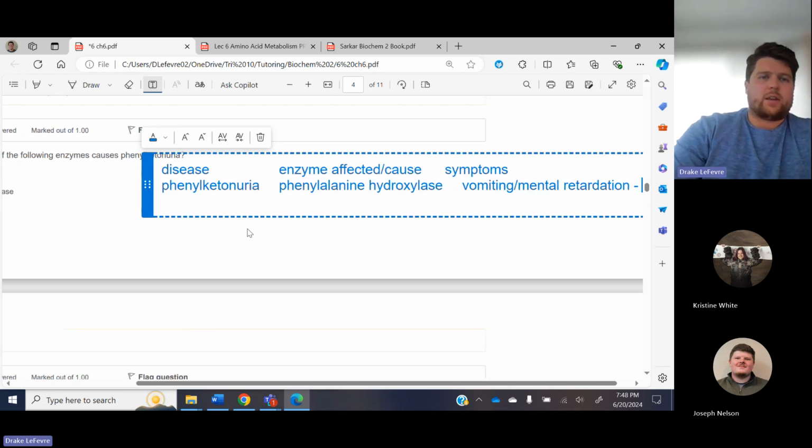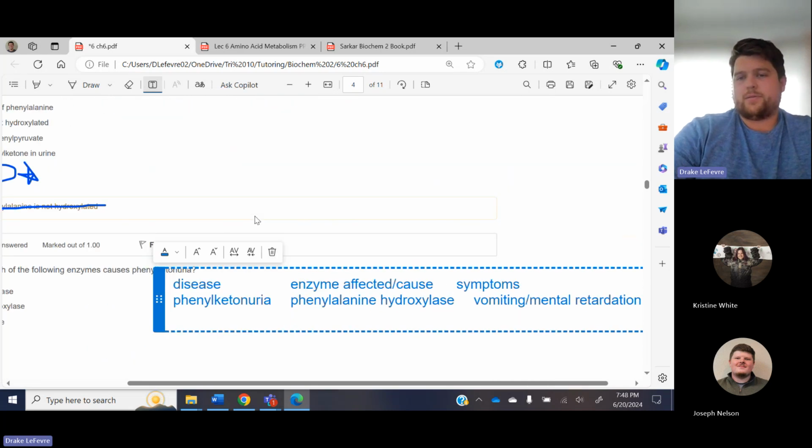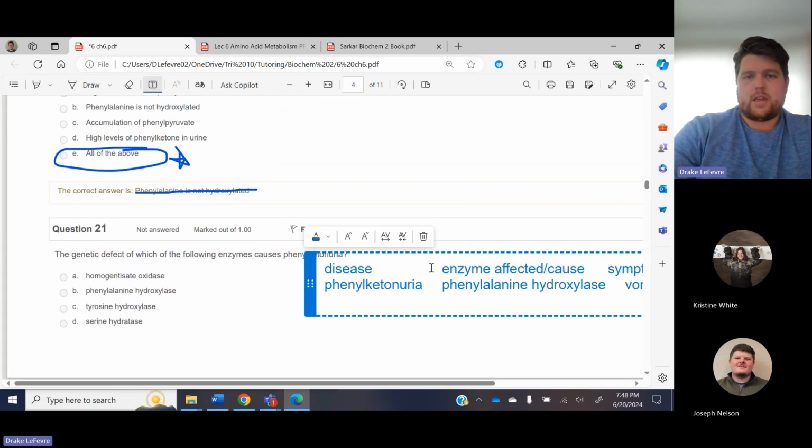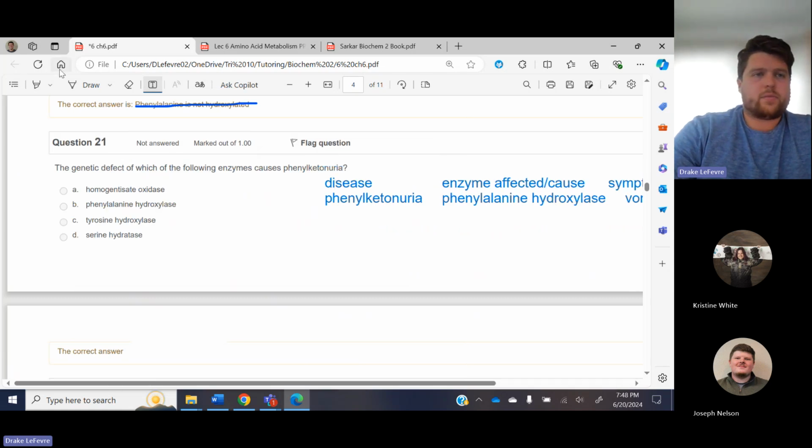And then we can even write down those answers that we see above: high serum or urine phenyl something or other. I'd start building that chart as well for studying.